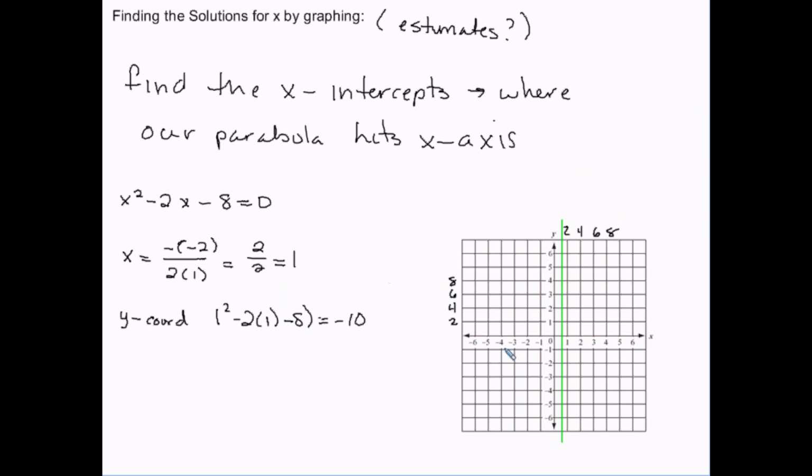My y-coordinate is going to be -10, so I have -2, -4, -6, -8, -10. So right here. My y-intercept is -8, which would be right here. So I'm here and here. And I'm going to draw my graph.